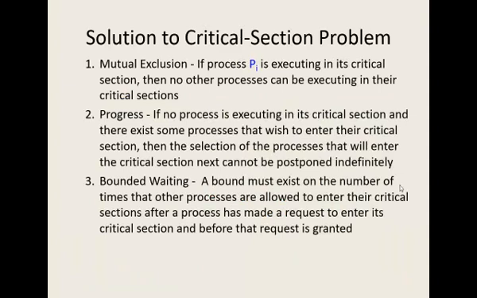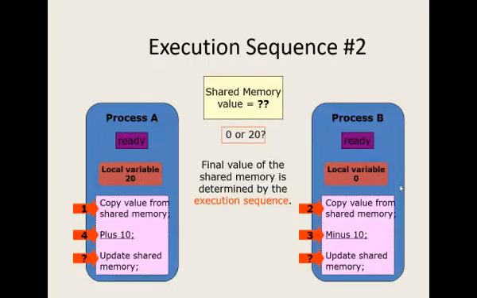Then bounded waiting. A particular process may enter the critical region a number of times, maybe 10 times or maybe 100 times, but there's a limit. Bounded wait means that. So in the previous example, when process B enters the critical region, process B can run, let's say, 10 times, 20 times or 100 times, but there's a bound, a limit.